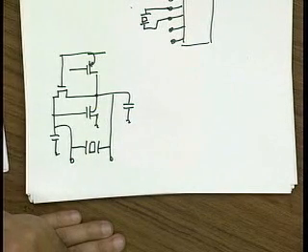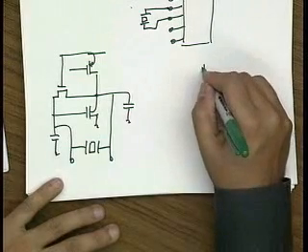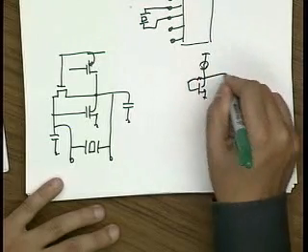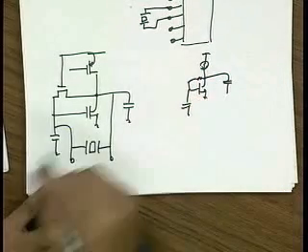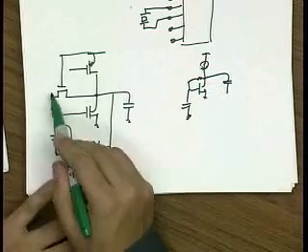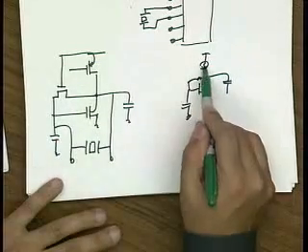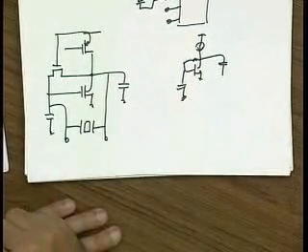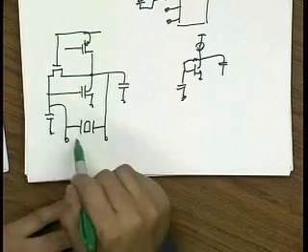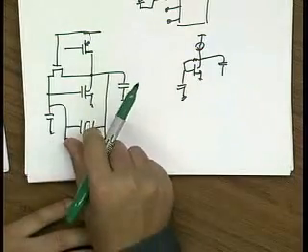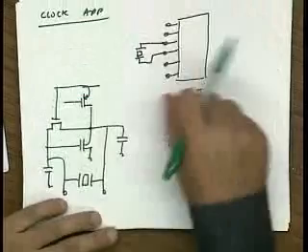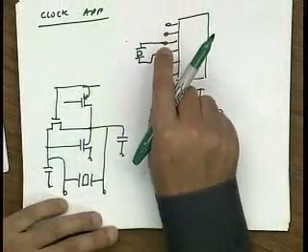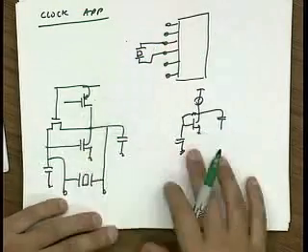Let me just draw this to make sure you see that this is nothing but a Pierce. This is the same Pierce that we've looked at before. I'm just realizing this resistor with a MOSFET and this current source with this PMOS device, so this might be in a low-cost process. The beauty of this circuit is that I can either put in a crystal, and this will be the clock for the system, or if I happen to already have a clock, I can just drive that clock on the input, and this circuit acts like a clock driver.